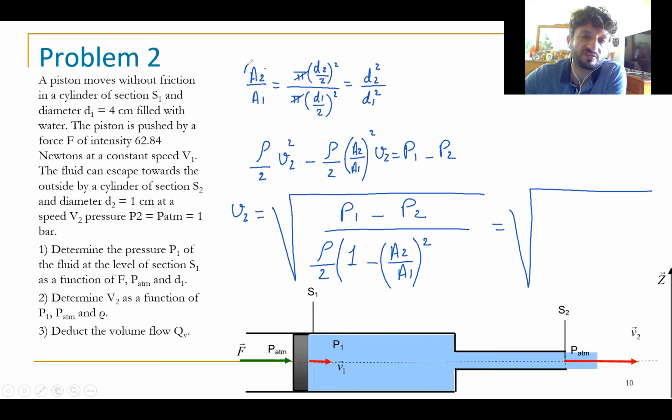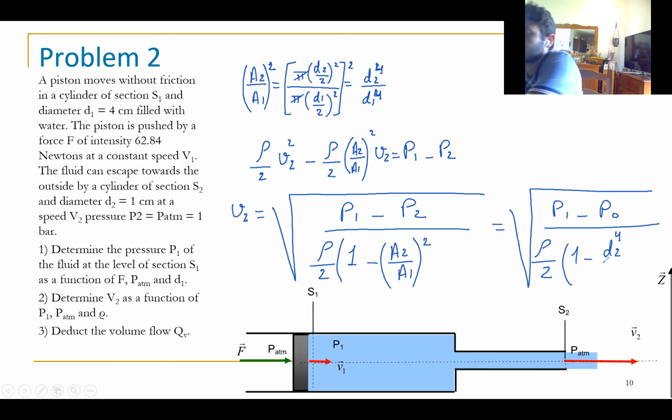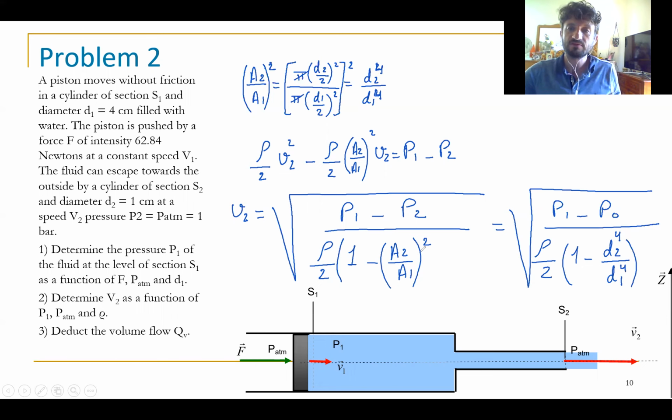So A2 squared over A1 squared equals D2 to the power 4 over D1 to the power 4. We can write directly V2 equals P1 minus P2 divided by rho over 2 times (1 minus D2 to the power 4 over D1 to the power 4). This is the answer.